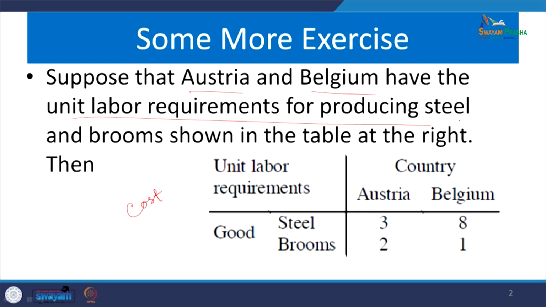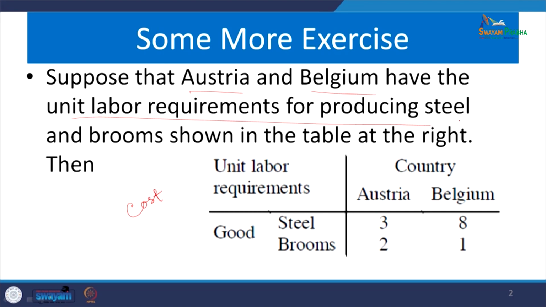Now, what can we define here? As I told you, if it is the unit labor requirement, then we have to minimize the cost. The more we minimize, the more advantage the country derives while explaining specialization or exchanging goods with other countries. Now, since it is minimizing expenditure, which product could be produced with less expenditure across the two countries?